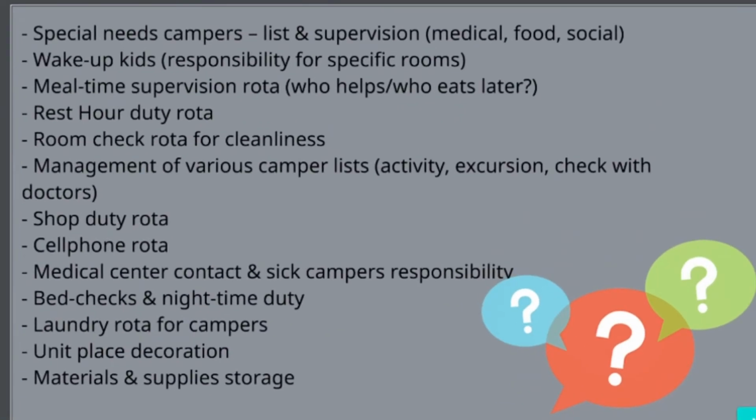So make sure that you divided your responsibilities, such as special needs campers, who supervises them, who welcomes kids at the dining hall and helps them take their seats according to their meal plans, who wakes up kids, who helps kids in the dining hall, and who eats earlier.